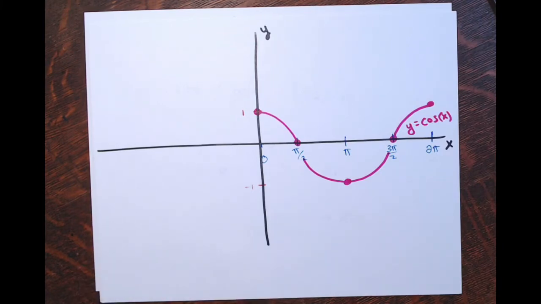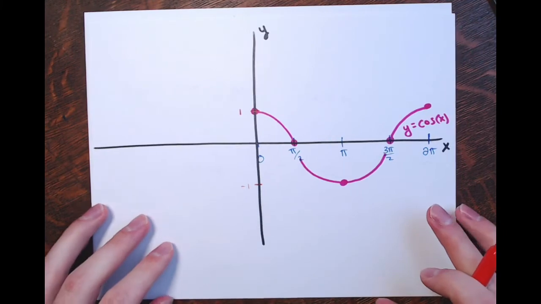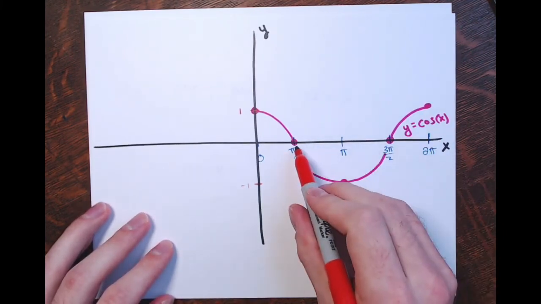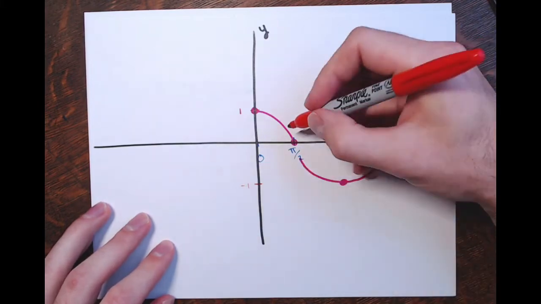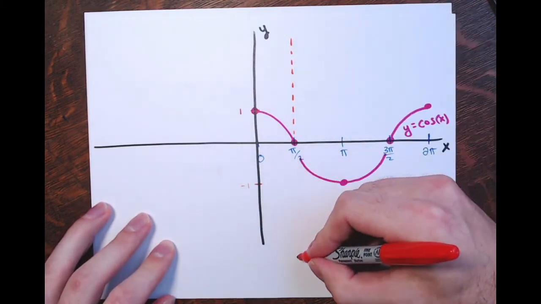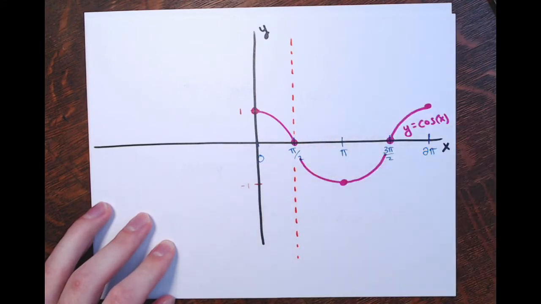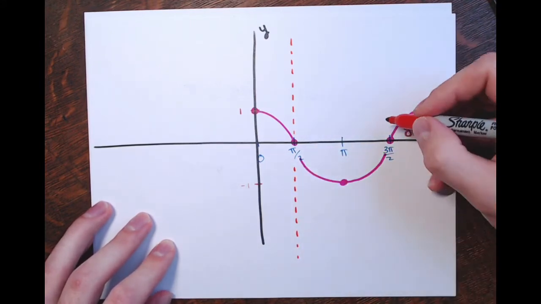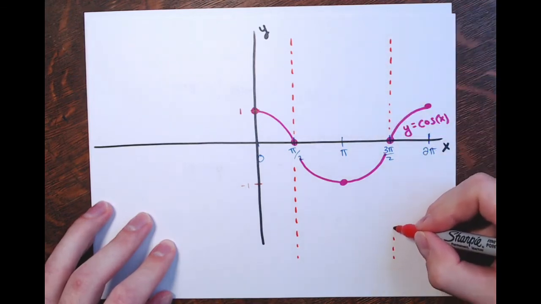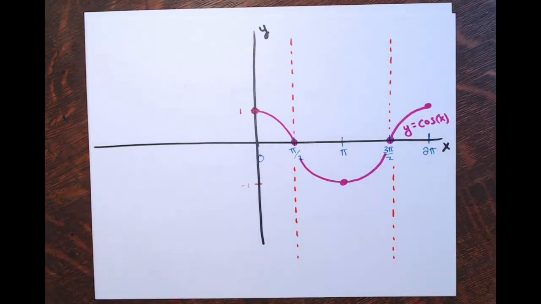Now, when I take reciprocals, when I'm doing the secant, wherever the cosine is 0, the secant will be undefined. So at pi over 2, you saw earlier, there's going to be a vertical asymptote. At 3 pi over 2, the secant of 3 pi over 2 will again be undefined.